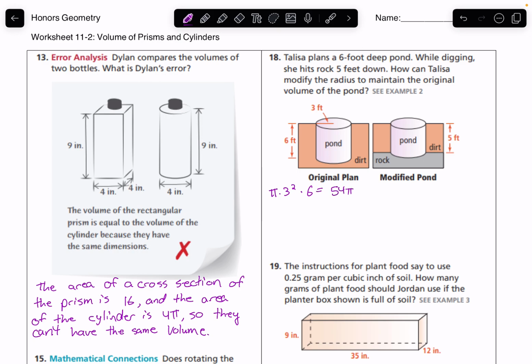So with the modified pond, we need the same thing. We need to have the same volume. So we need to have pi times the radius squared times the height, which is 5, we need that to be equal to 54 pi. So we can divide both sides by 5 pi.